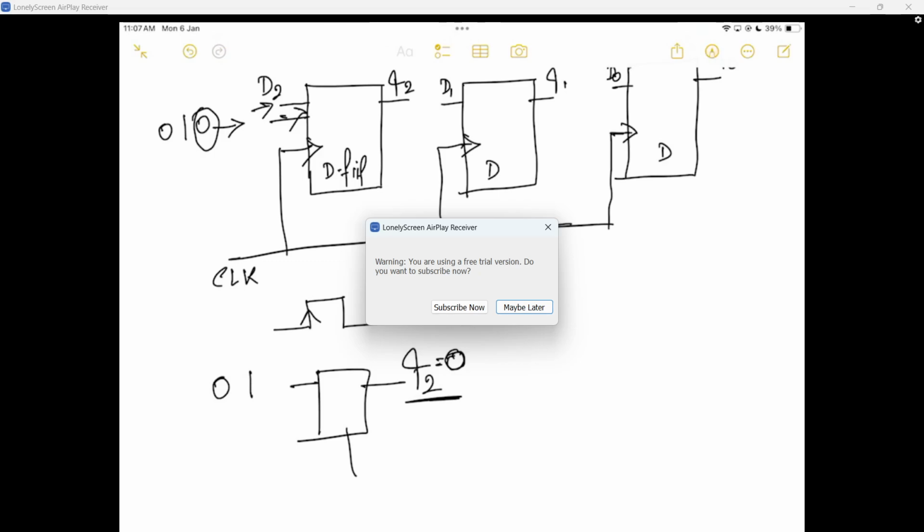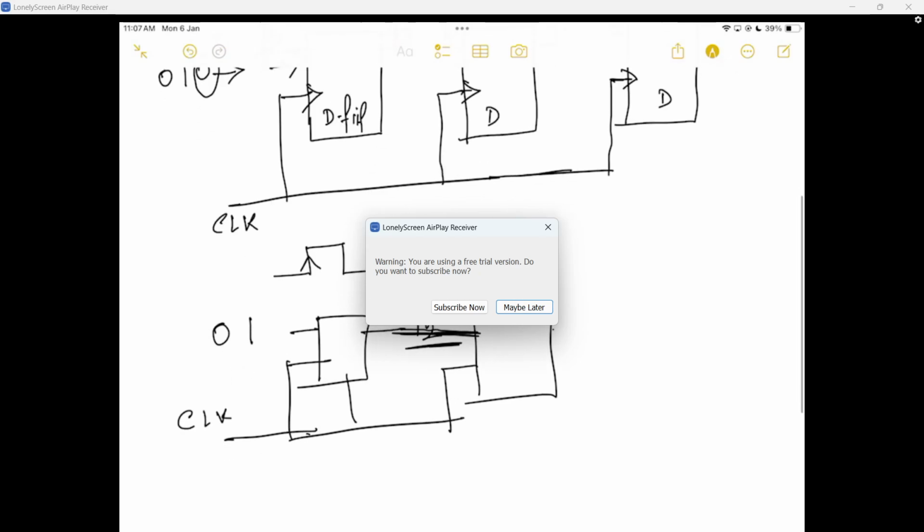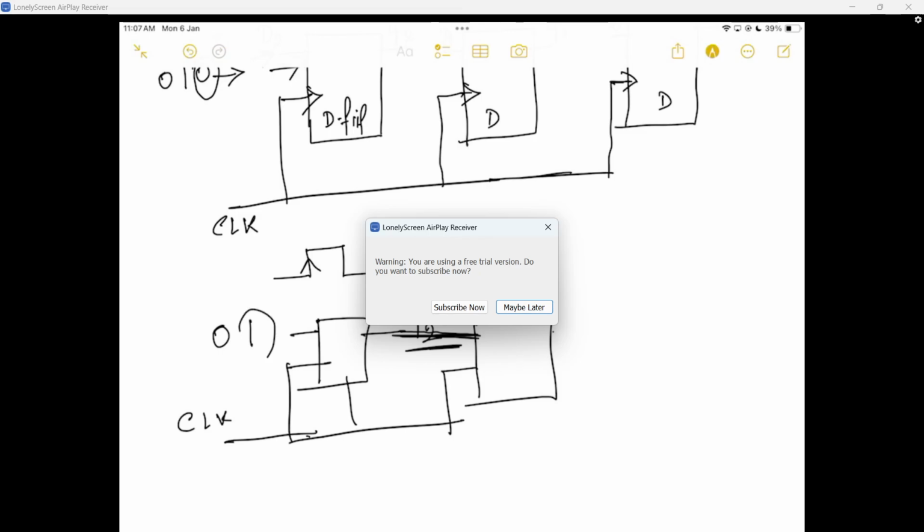Here is another D flip flop, and we connect it directly, just this way. So in the next clock cycle, what happens? This one stores to this flip flop.